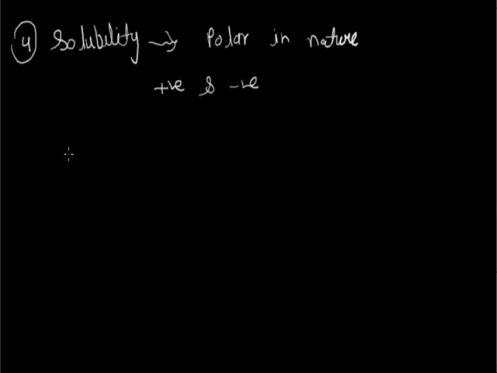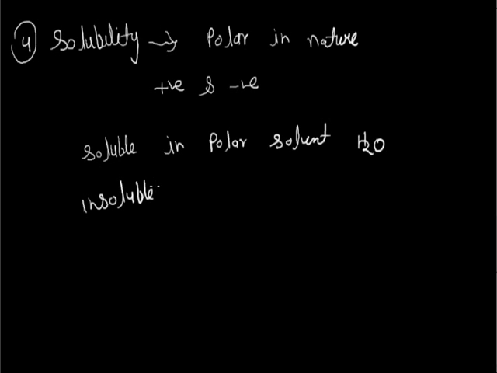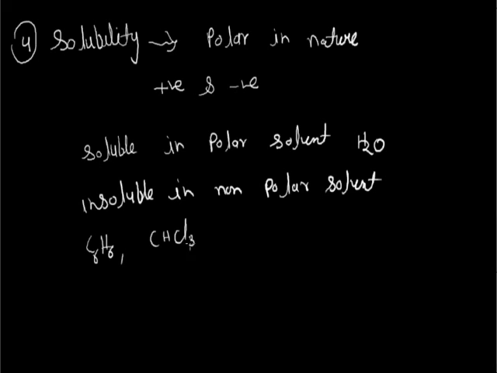So according to the solubility principle that like dissolves like, ionic compounds are soluble in polar solvents like water and insoluble in non-polar solvents. Non-polar solvents are mostly carbon compounds, for example benzene, chloroform, carbon tetrachloride, carbon disulfide. These are all non-polar solvents. Most ionic compounds are insoluble in all these non-polar solvents.